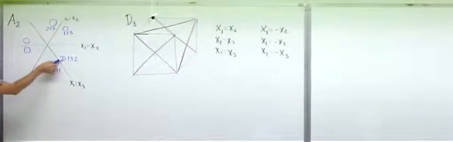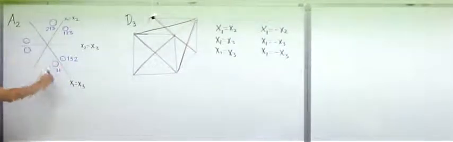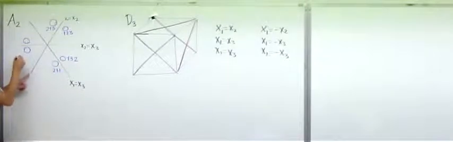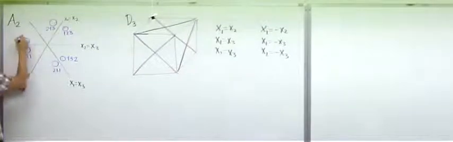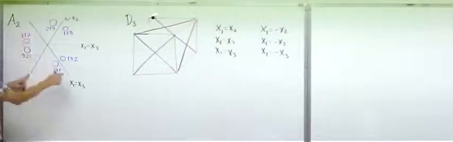If you look at the difference between these two vectors, it's the vector 1, 0, minus 1, which is the orthogonal vector to this hyperplane. Now here you're crossing x1 equals x2, so that swaps your first two coordinates. And here you cross x2 equals x3, so that swaps your second and third coordinates. And if you go back from here to here, that's swapping your first and last coordinates, and so on.